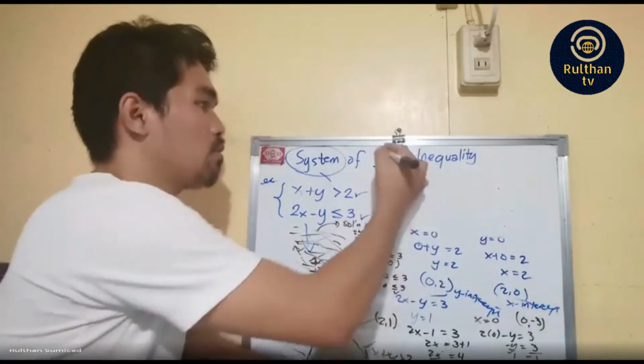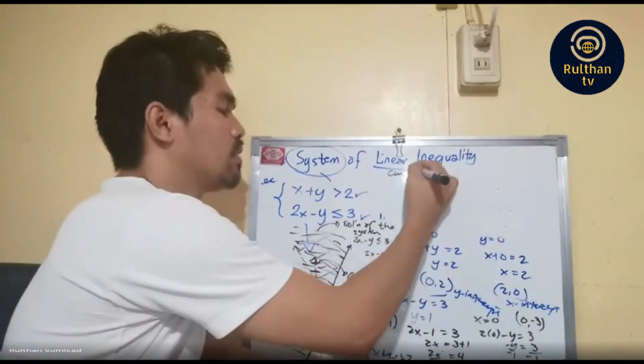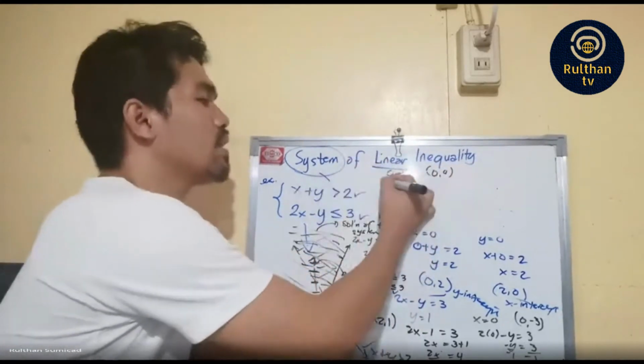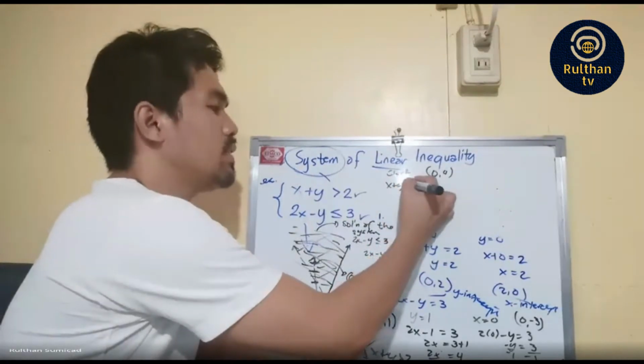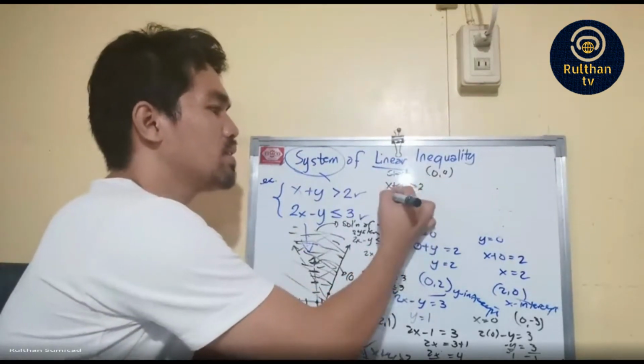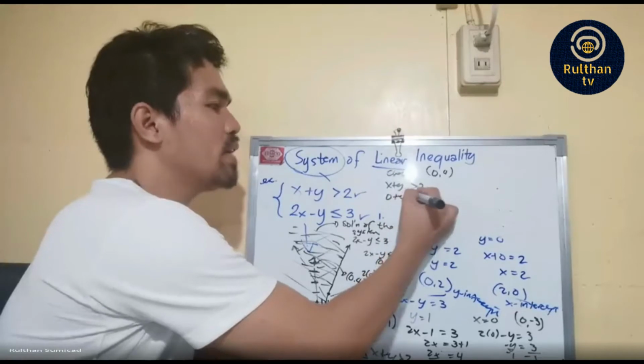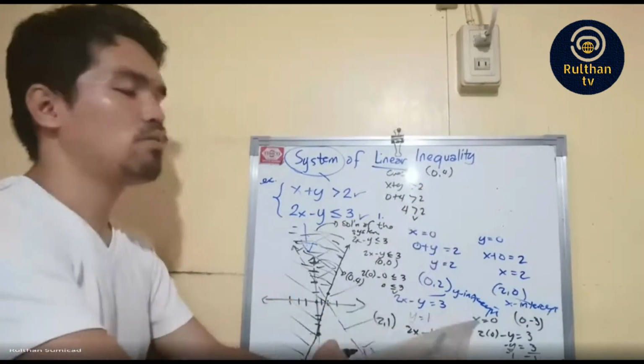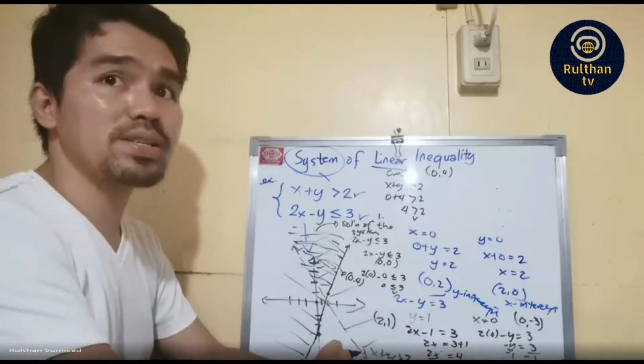So we have 0, 4 as our coordinate. Let's test x plus y greater than 2. That's 0 plus 4 greater than 2, which is 4 greater than 2. Okay, we're on track, because 4 is greater than 2.